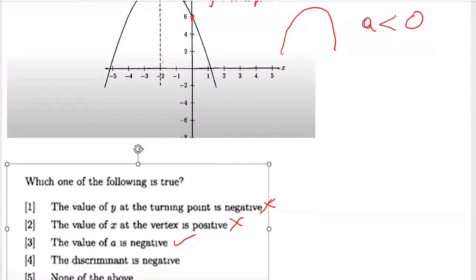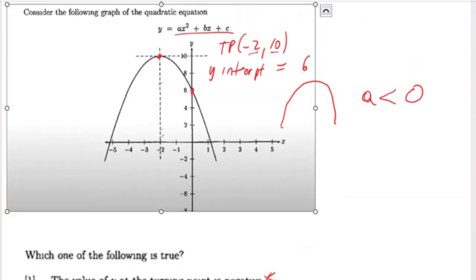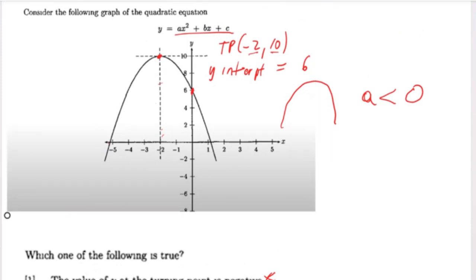And then the discriminant is negative. Most definitely it is not negative, because from our analysis, from our toolbox, we know we've got 2 real solutions. This thing is intercepting your x-axis at 2 points, which means your discriminant is greater than 0.